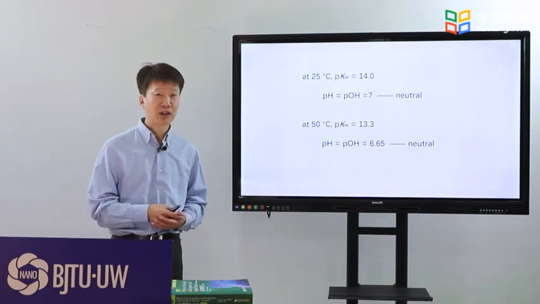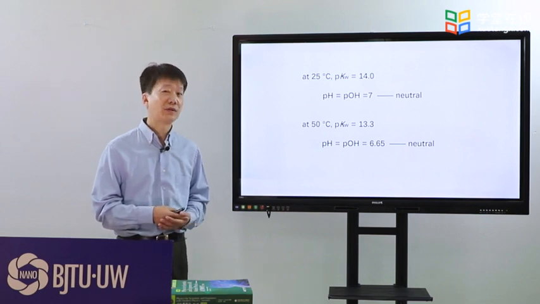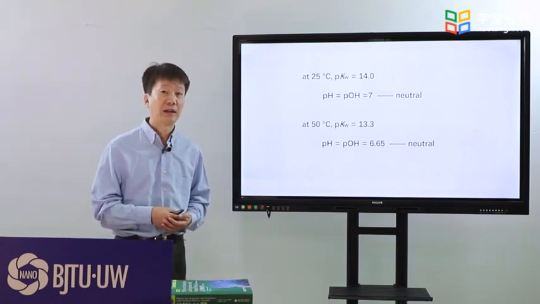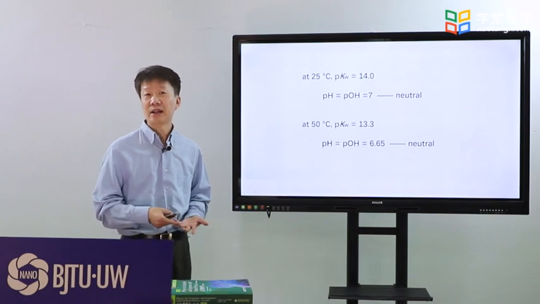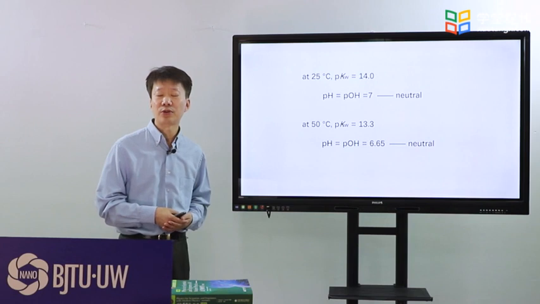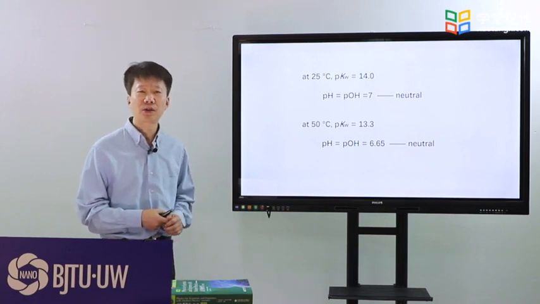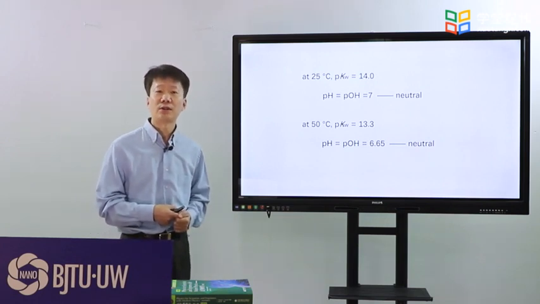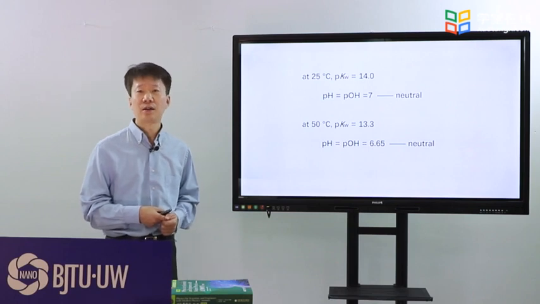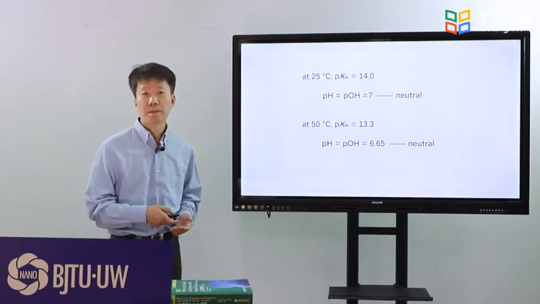So you cannot conclude that an aqueous solution with a pH of 6.9, less than 7, is acidic. It could be basic at a high temperature. This is because water has different self-ionization behavior at different temperatures.